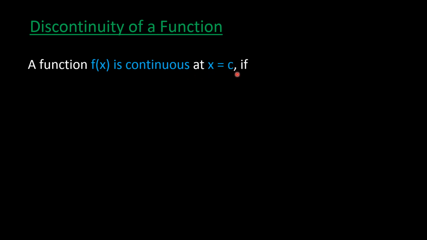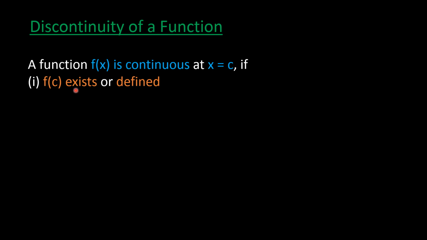In this video, we will understand the discontinuity of a function. In our previous video, we have seen that a function f(x) is continuous at x equals c if: number 1, f(c) exists or is defined, which means the value of the function at x equals c is defined.